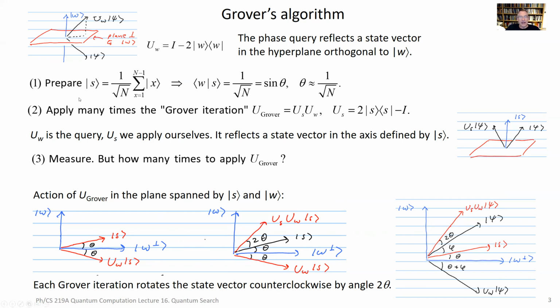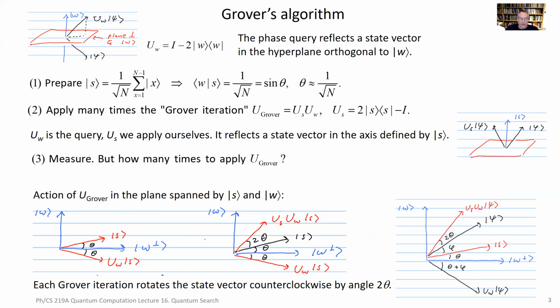Now, this is an easy state to make. We've made it before. We can make it with the quantum Fourier transform acting on the state 0, or if we're talking about n qubits, we can create it with a tensor product of n Hadamards, as you know.